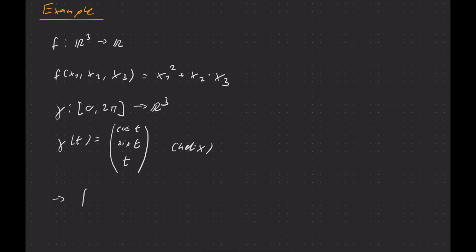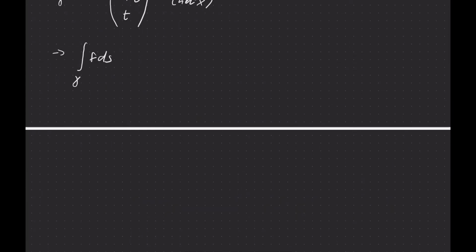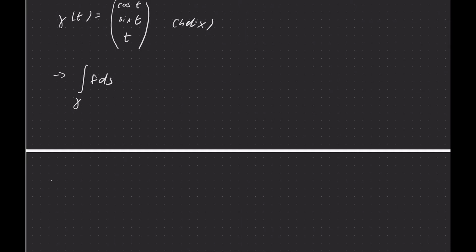So what we want to do is evaluate the line integral of f ds over gamma. Now, to do that, we need to first compute gamma prime. Remember the formula for that line integral?